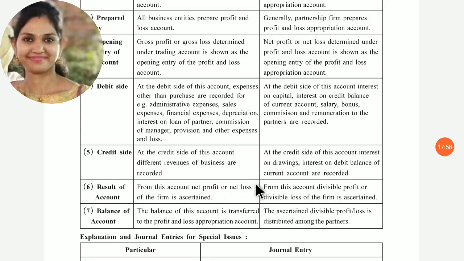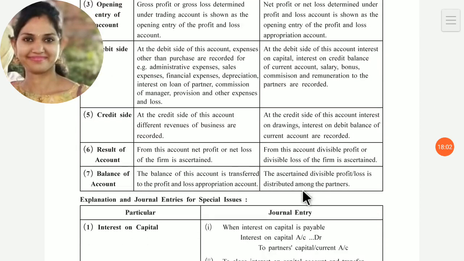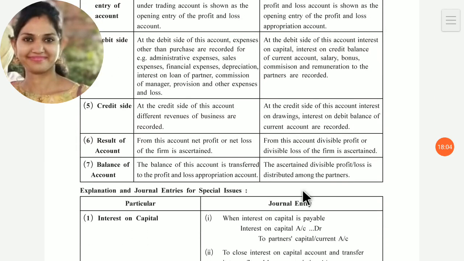Same like that, in the P&L appropriation account, whatever difference we get, we distribute between the partners. So that is called divisible profit or divisible loss.